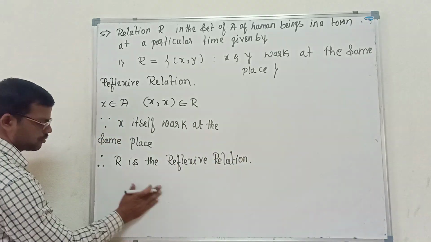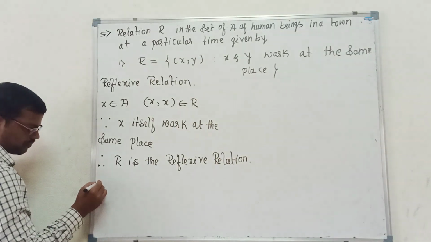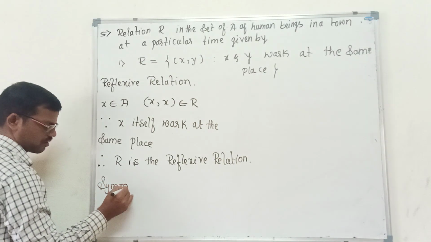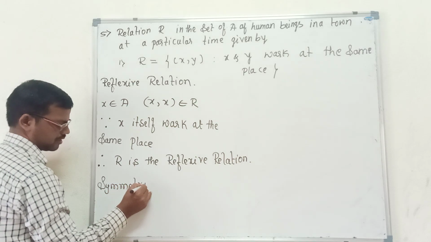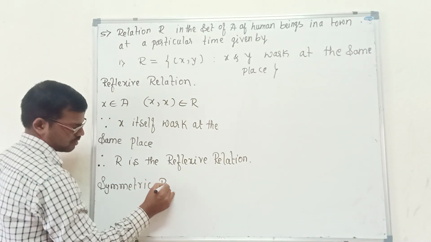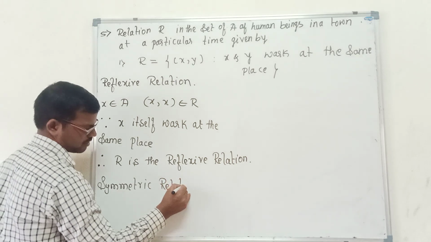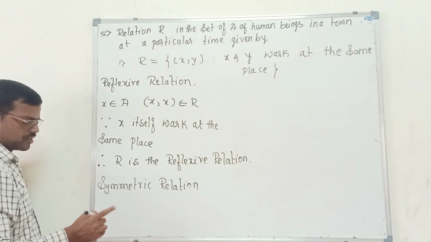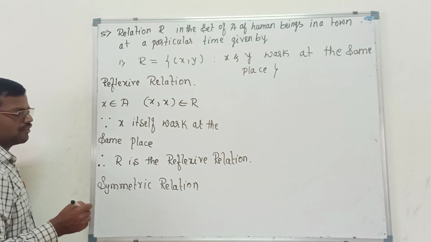So next we come to the symmetric relation. What we mean by a symmetric relation is, for this we should have a pair.